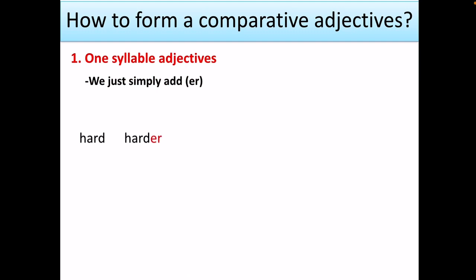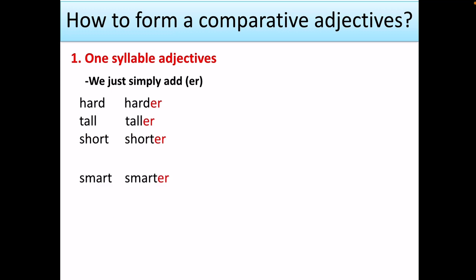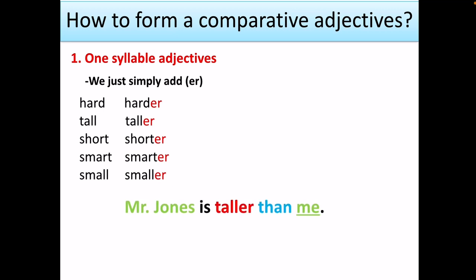For example, hard, harder, tall, taller, short, shorter, smart, smarter, small, smaller. Now here, Mr. Jones is taller than me.